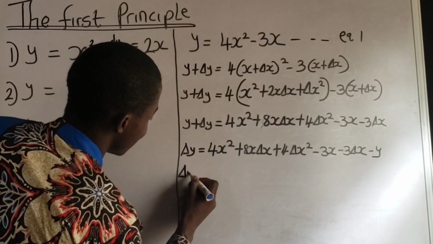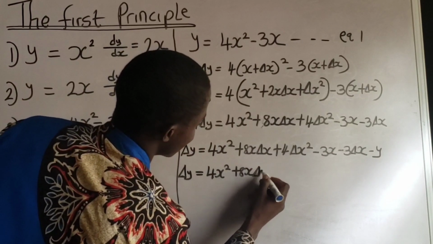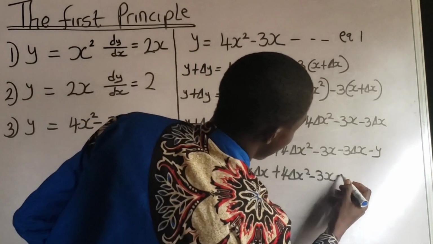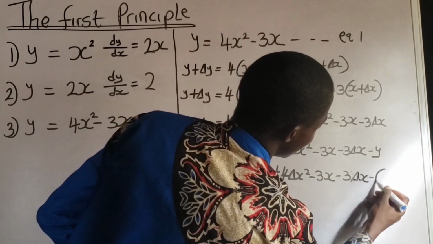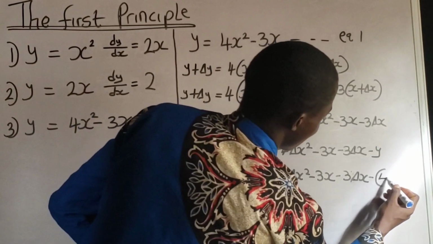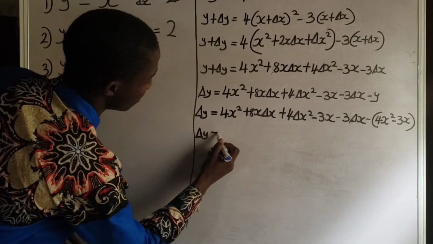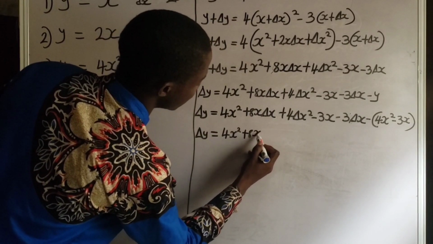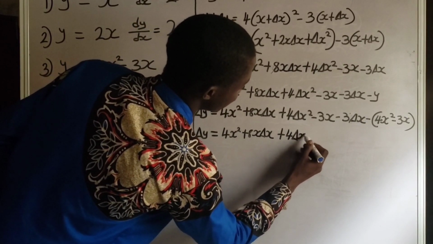Therefore, delta y is equal to 4x squared plus 8x delta x plus 4 delta x squared minus 3x minus 3 delta x, minus into brackets 4x squared minus 3x.